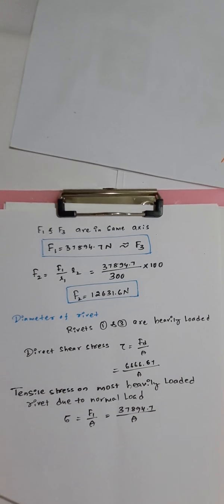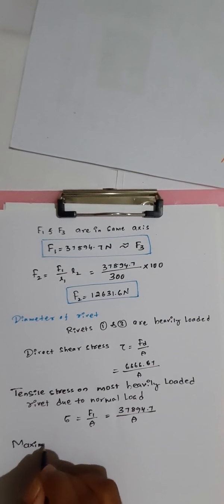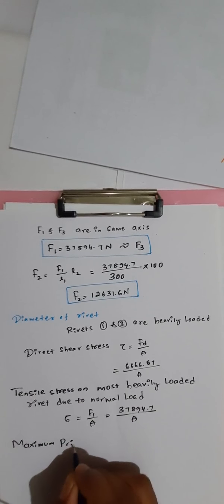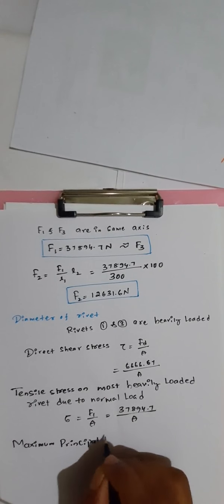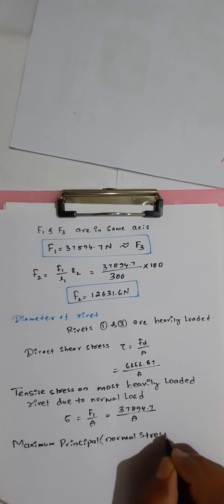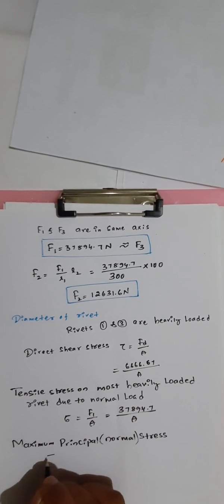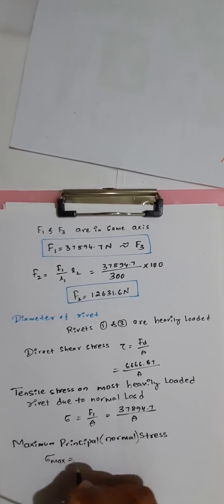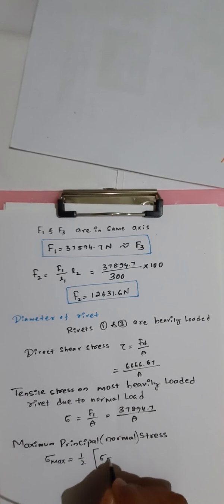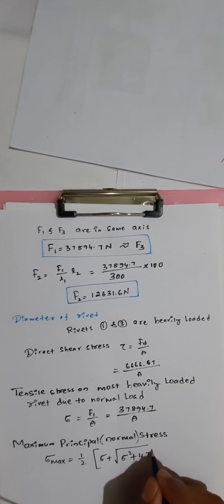Next, we need to determine the maximum principal or normal stress, that is sigma max, is equal to half into sigma plus square root of sigma square plus 4 tau square.